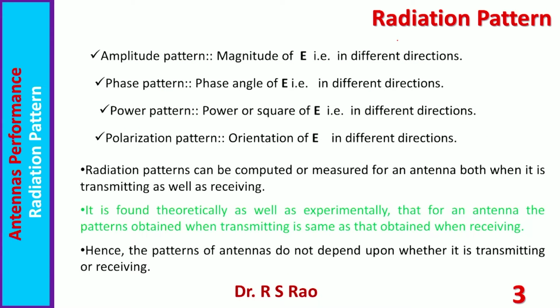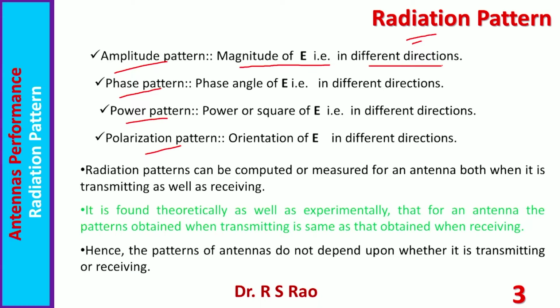Now, a few terms are explained. These terms pertain to radiation patterns: amplitude pattern, phase pattern, power pattern, polarization pattern. What is amplitude pattern? Magnitude of E in different directions. Amplitude pattern is a representation.